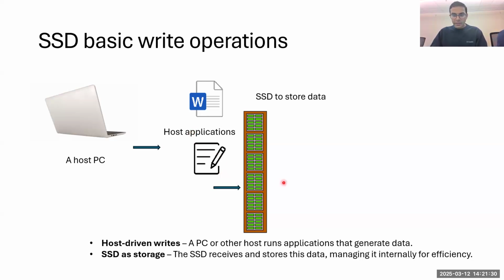This is where the SSDs come in. The SSD is not just a passive storage device. It actively manages the data it receives, deciding where and how the data can be stored effectively or efficiently. Unlike traditional hard drives, SSDs don't simply write data to fixed locations. They use complex algorithms, as we'll see, to store, move and manage data.